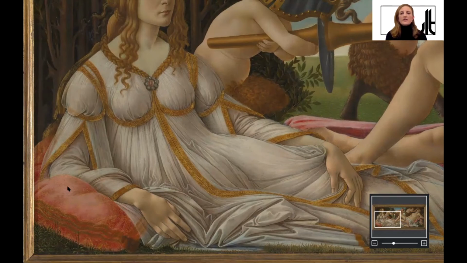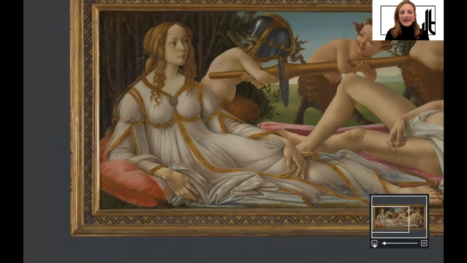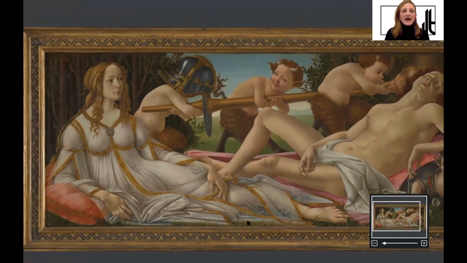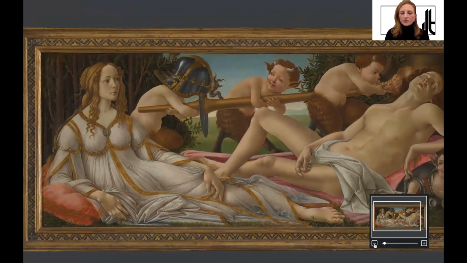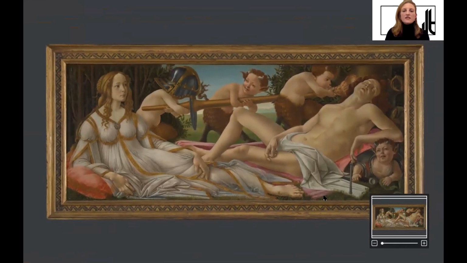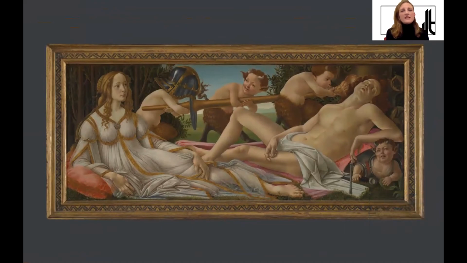That brings us on quite nicely to talk a little bit about Botticelli and where this comes in the artist's career. So in case you hadn't realized, this painting is painted at the absolute peak of Botticelli's career as an artist. It was painted in the mid 1480s, and his peak really is in the late 1470s to the early 1480s.